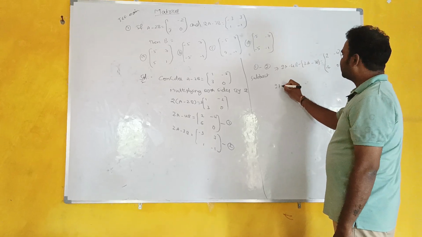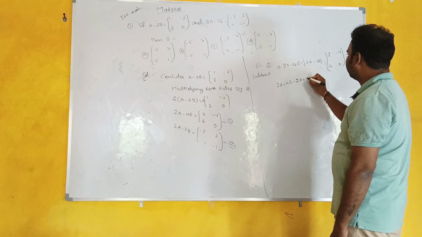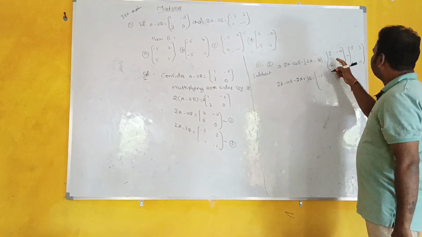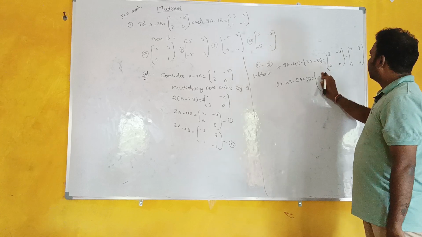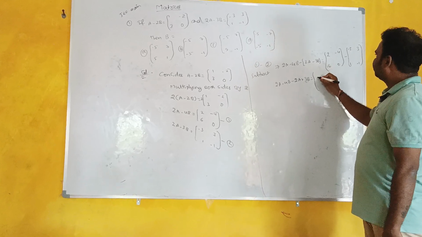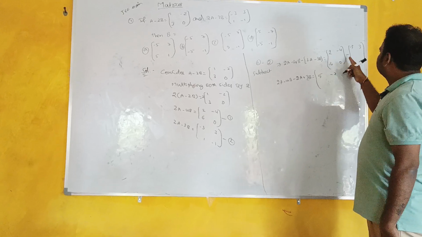Here 2A minus 4B minus 2A plus 3B equals [2 minus (-3), -4 minus 3; 6 minus 1, 0 minus (-1)]. Minus into minus becomes plus, so 2 plus 3 equals 5, -7, 5, 1.